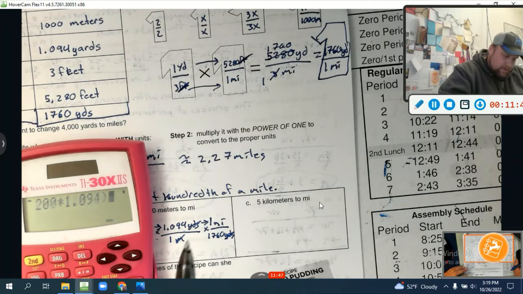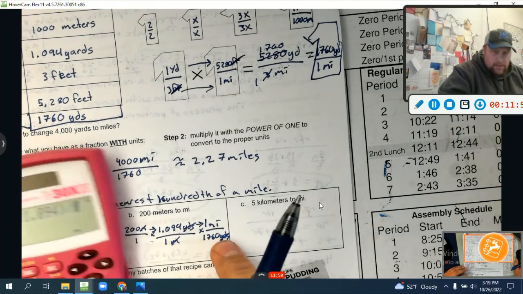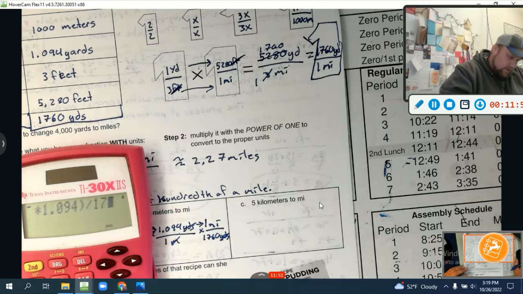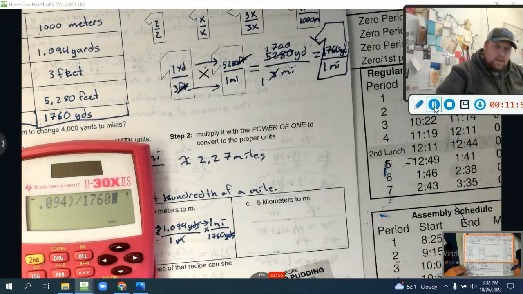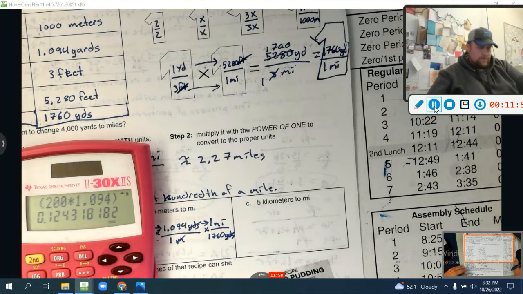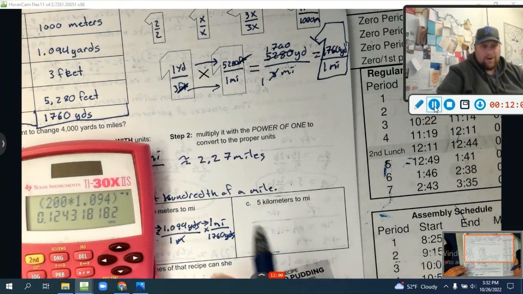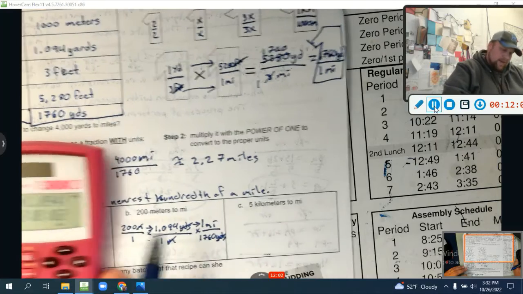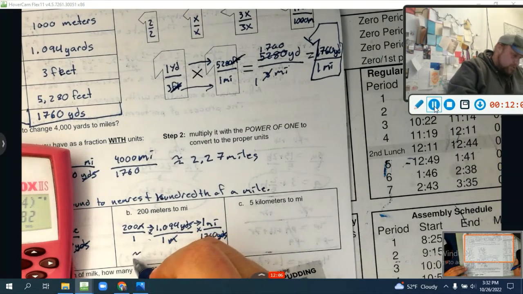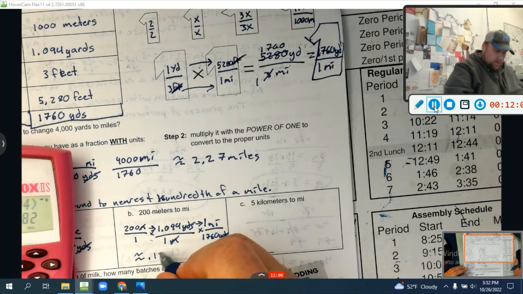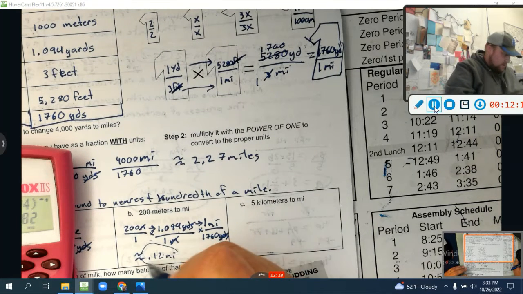And that equals about, not very far, 0.12 miles. So that is approximately 0.12 miles. And we definitely want to have that. Now we're going to write a little small in this one because there's not tons of room. But let's take a look.